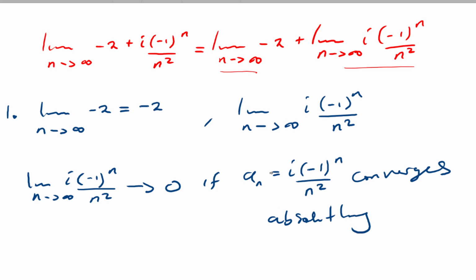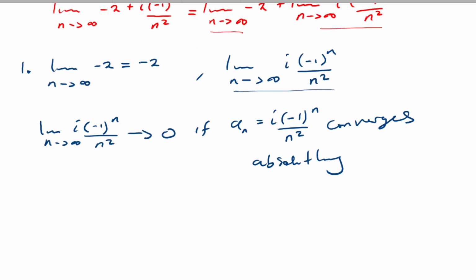Okay, so this can be 0, which is what we want, so that when we put 0 here, what we're going to remain with is -2. If this converges absolutely, what does it mean to converge absolutely?